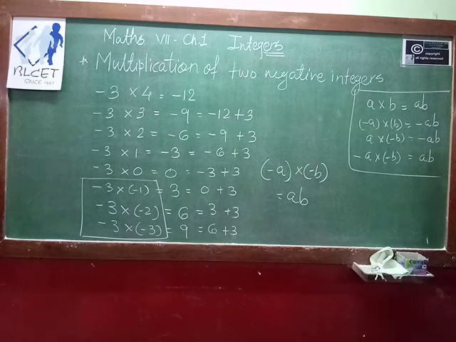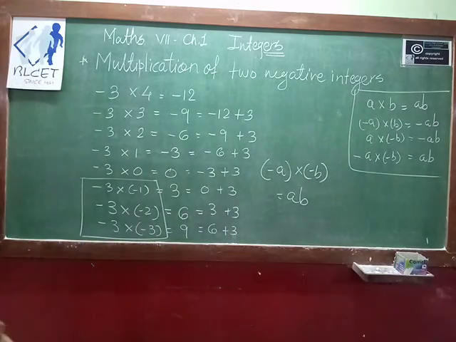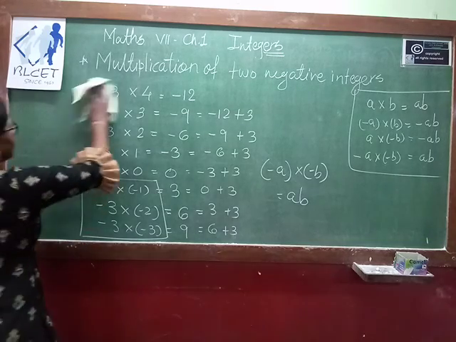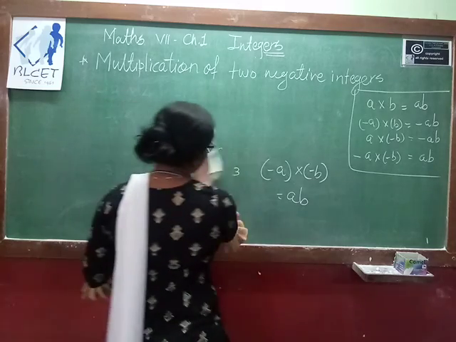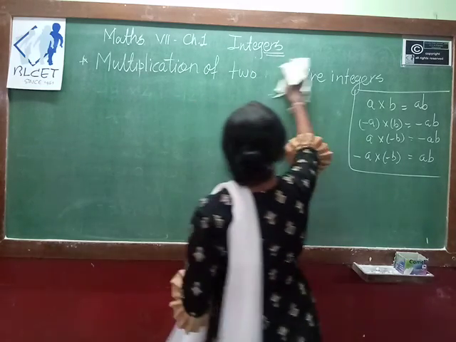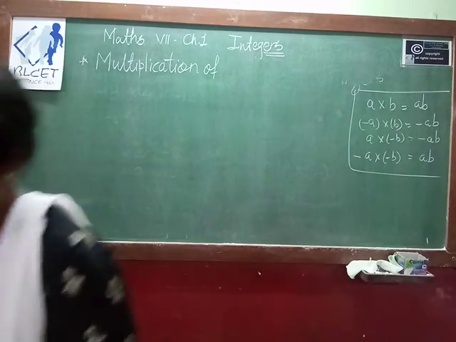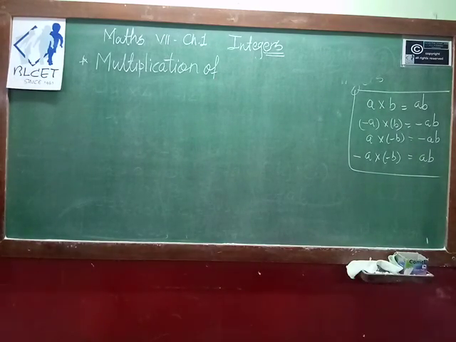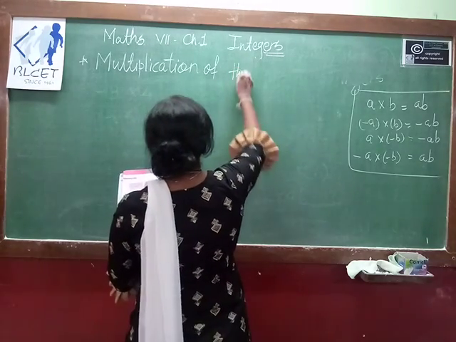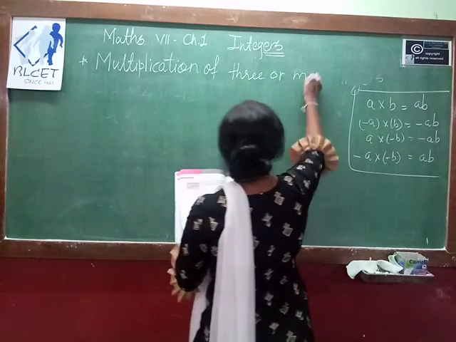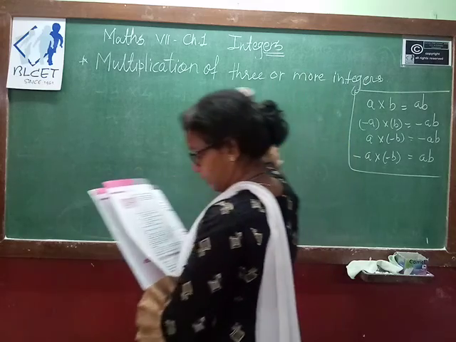So this is all about multiplication of 2 negative integers. Now suppose you have multiplication of more than 2 integers, then what will you do?